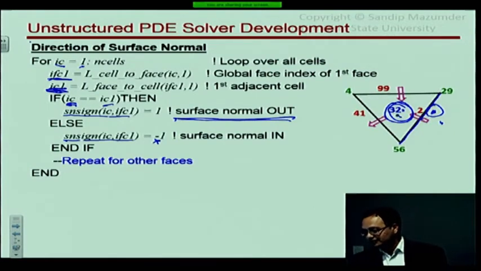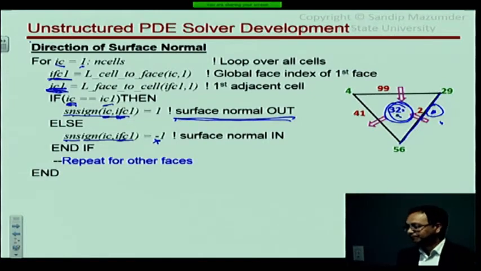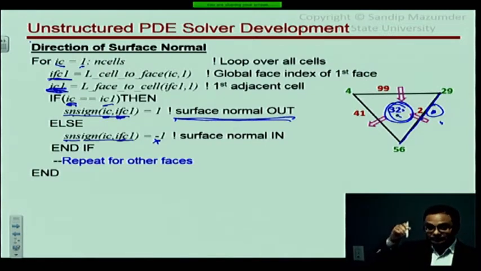Notice that this integer has the cell number as well as the local face number, or the global face number, because the surface normal that I'm looking at is from the perspective of the individual cells. It's not a unique direction. It depends on which cell I'm in.